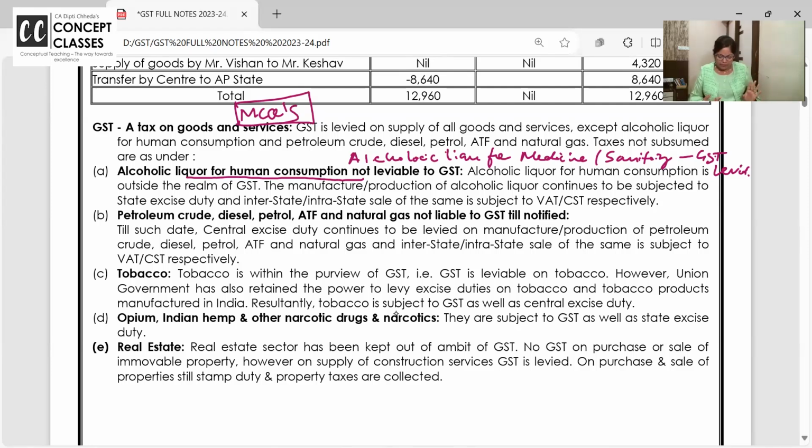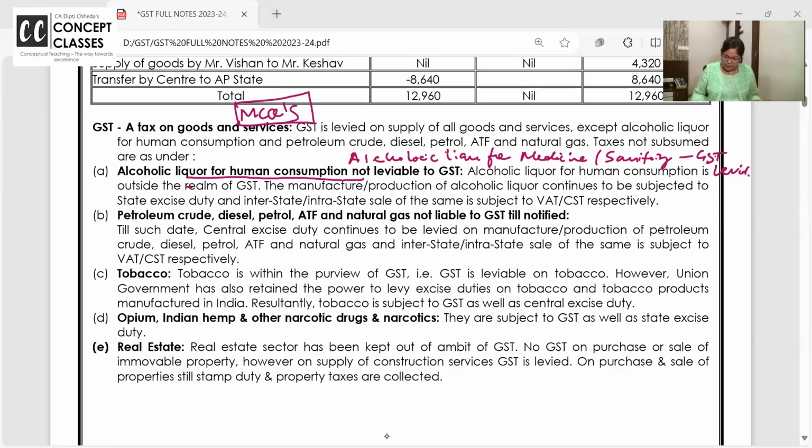No. This is our income. So what is outside the purview of GST? Alcoholic liquor for human consumption. They can give you this in MCQs. I'm going exactly with the mindset of the exam. If they give alcoholic liquor for medicines and chemicals and sanitizers, very well, GST is levied, right?